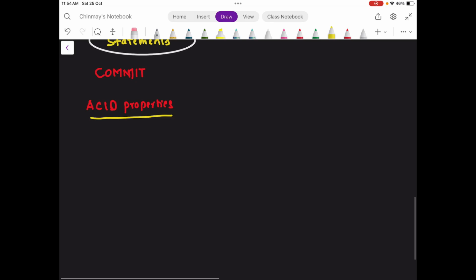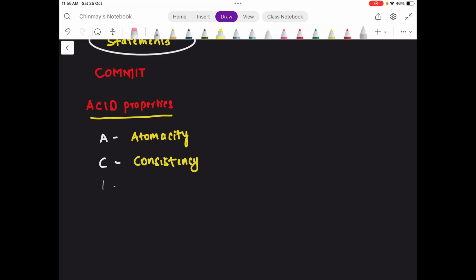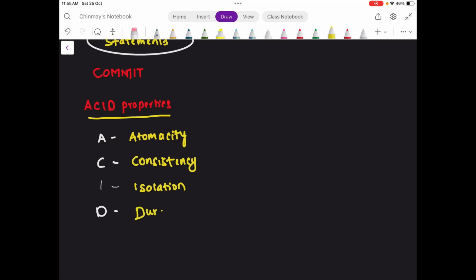In ACID, A indicates atomicity, C indicates consistency, I indicates isolation, and D indicates durability.